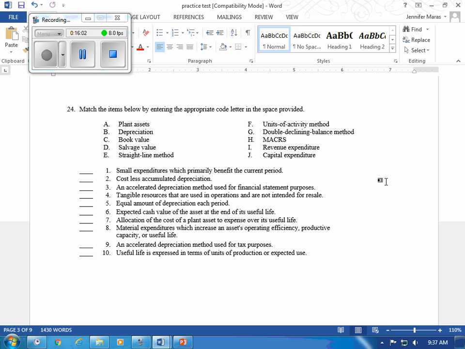Number 3 is G. Number 4 is A. Number 5 is E. Number 6 is D. Number 7 is B. Number 8 is J. I don't remember ever talking about capital expenditure, but I definitely remember talking about things to keep your assets going and training and all of that.